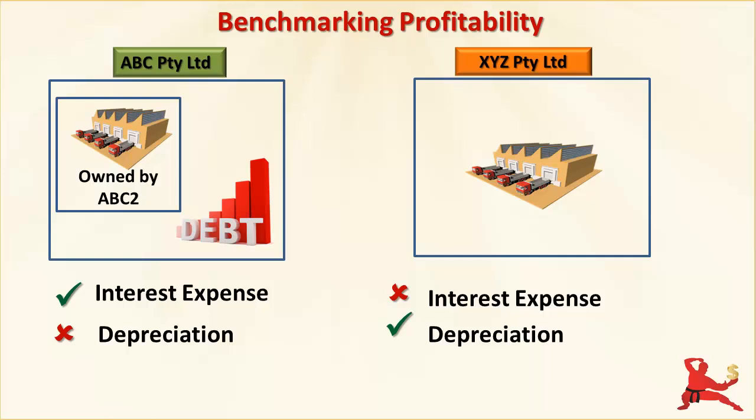These charges may or may not approximate depreciation charges that XYZ uses. So, whilst EBIT and EBITDA margins are a better basis for external benchmarking, you still have to use them with care and not jump to the wrong conclusions about relative performances between two businesses.